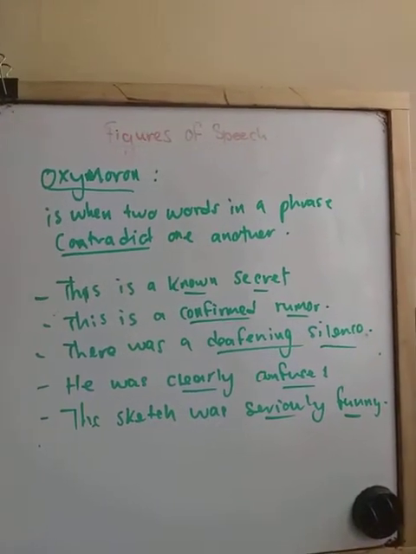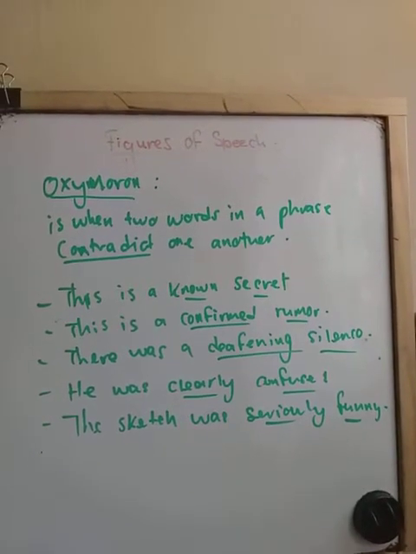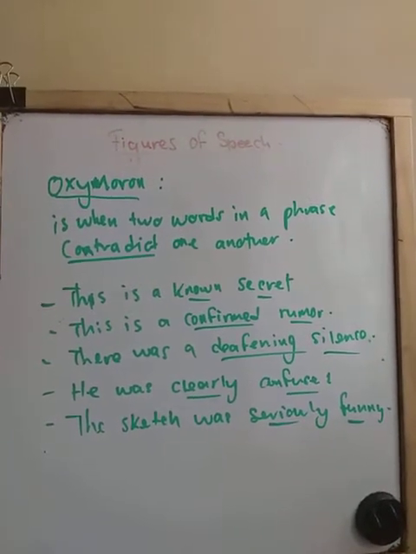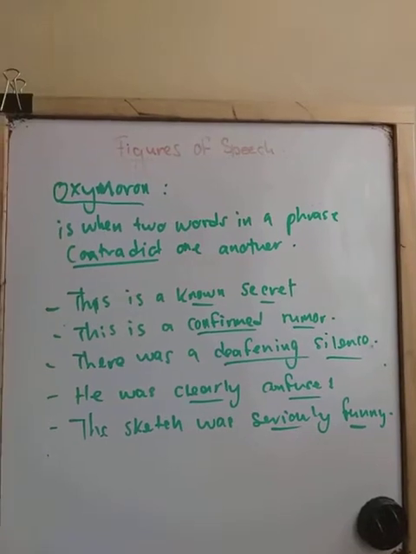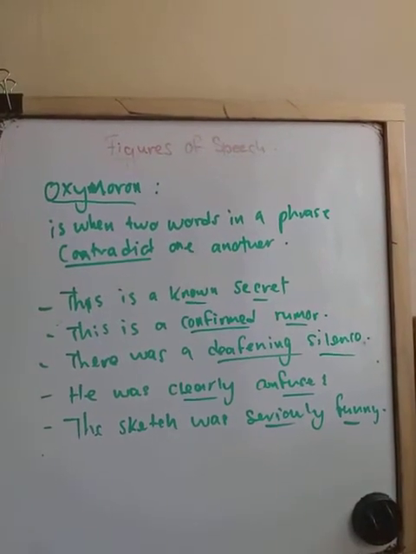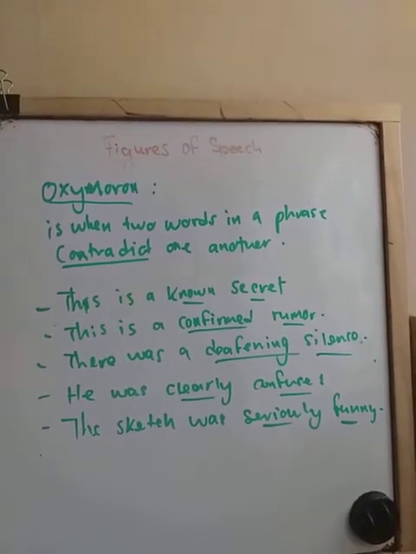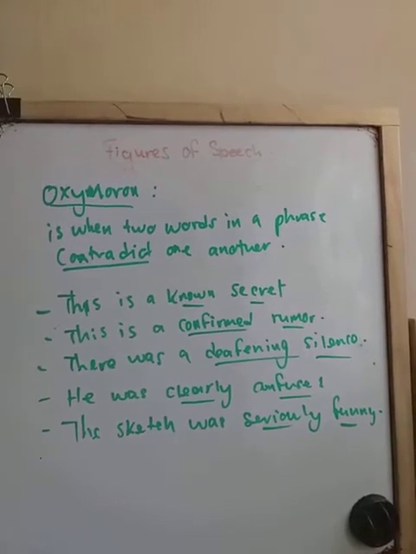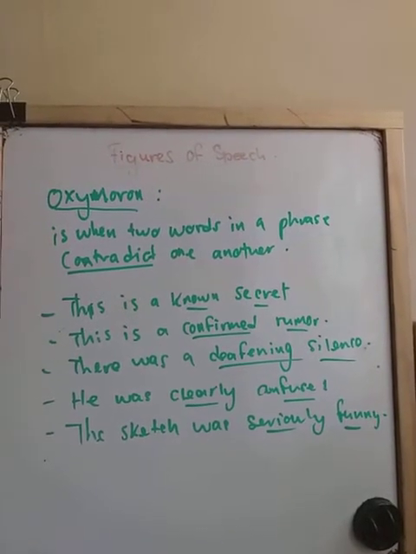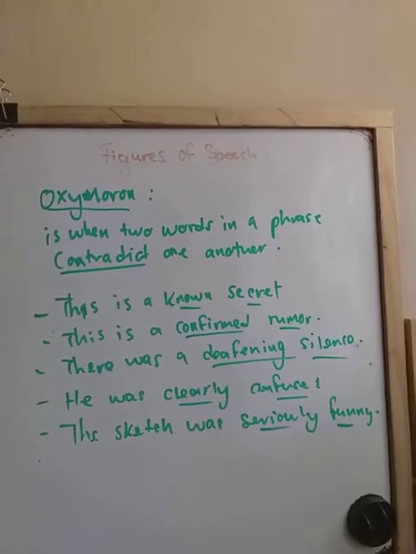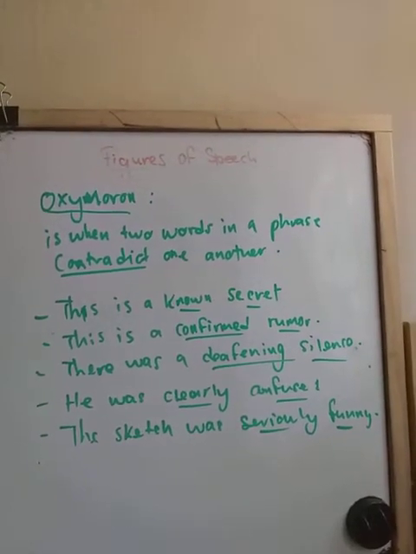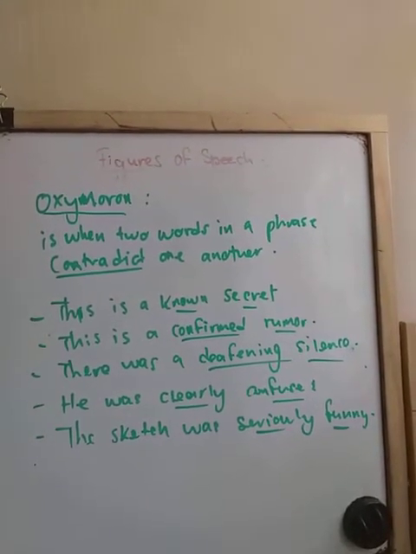This is a confirmed rumor. A rumor is something not confirmed, but if you say it's a confirmed rumor, it means that it's no longer a rumor, it's information, it's a fact.